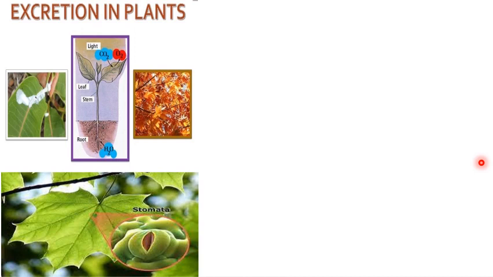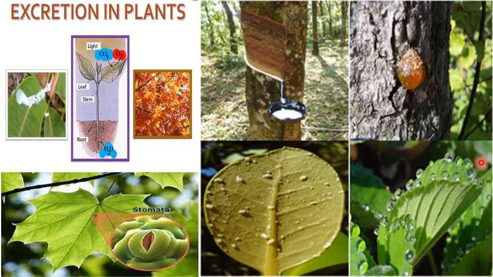The stomata are very important for gaseous exchange in plants. It is helpful for the excretion process. We can say it is transpiration. Some trees produce latex, as you can see. So these are the different ways of eliminating waste from the body of a plant. You can see the latex, gum-like structures, and the transpiration process, how plants eliminate waste from the body. That is what we call excretion in plants.